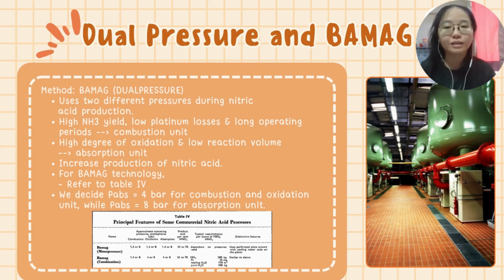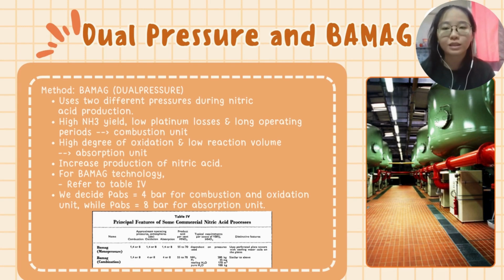By consulting this table, we can determine the pressure to be used in the combustion unit, oxidation unit, and absorption unit. Let's focus on the Baymax combination category, which indicates the approximate operating pressures. For the combustion unit, the approximate operating pressures P_abs are listed as 1, 4, or 8.